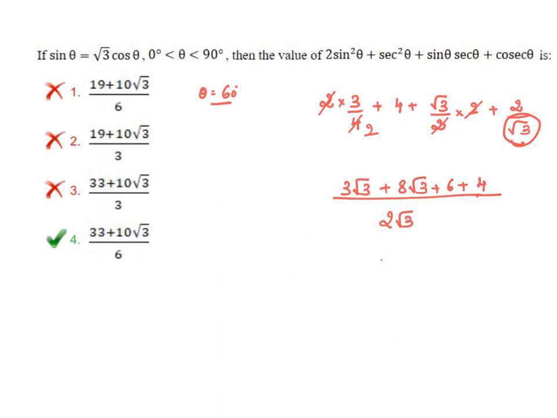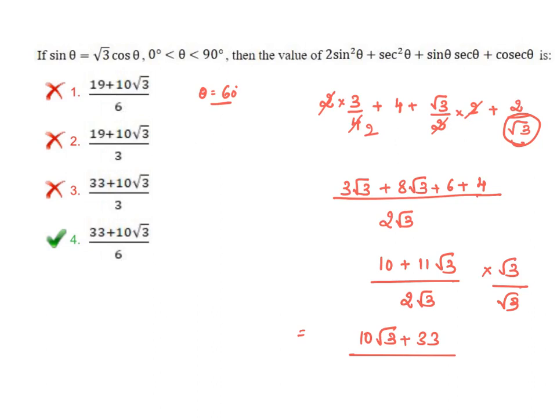So we got 10 plus 11 root 3 by 2 root 3. Rationalize the denominator, multiply and divide it by root 3 and root 3. It becomes 10 root 3 plus 33 by 6. So answer is 10 root 3 plus 33 by 6.